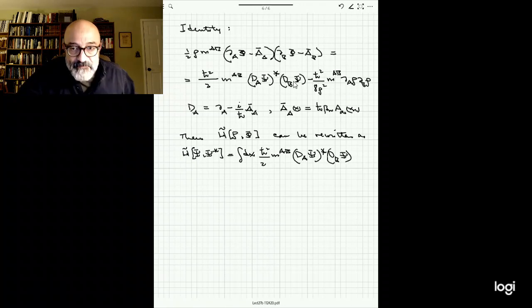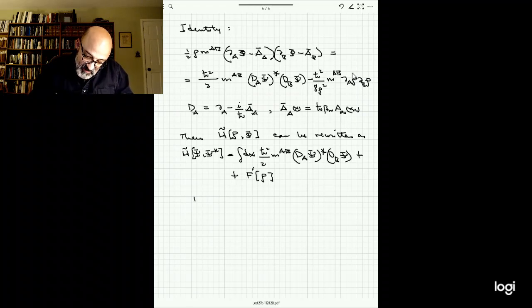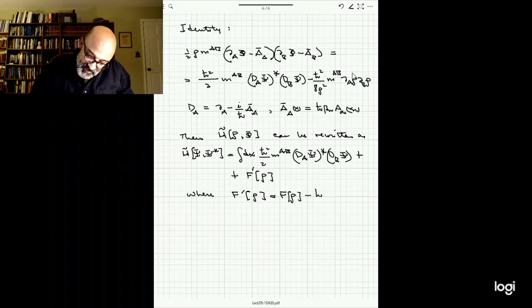And now there is this extra piece. Now this extra piece, as you may notice here, is just functions of rho. There is no phi floating around here. So the old f of rho that we had before now becomes a new f prime with that additional piece.